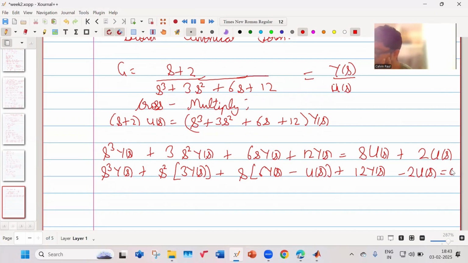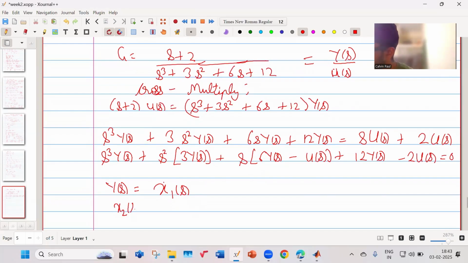Then what do we do? We will consider y of s be equal to x1 of s, and x2 of s is equal to 3 into y of s.